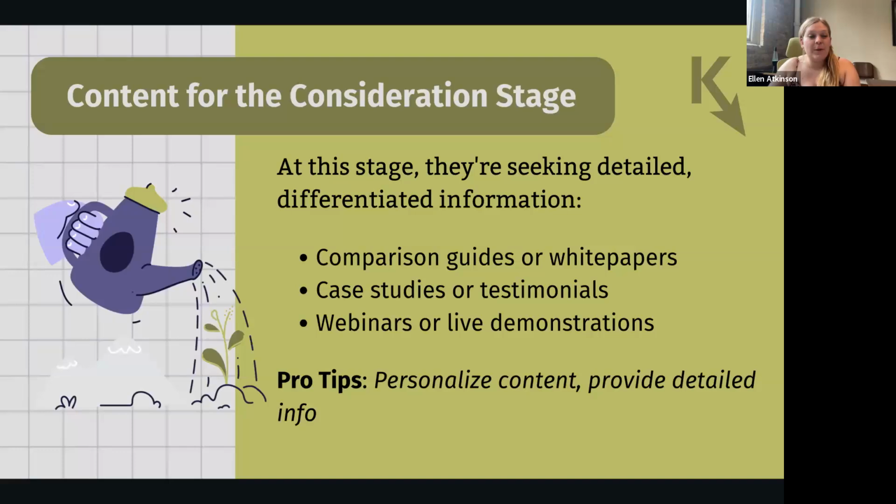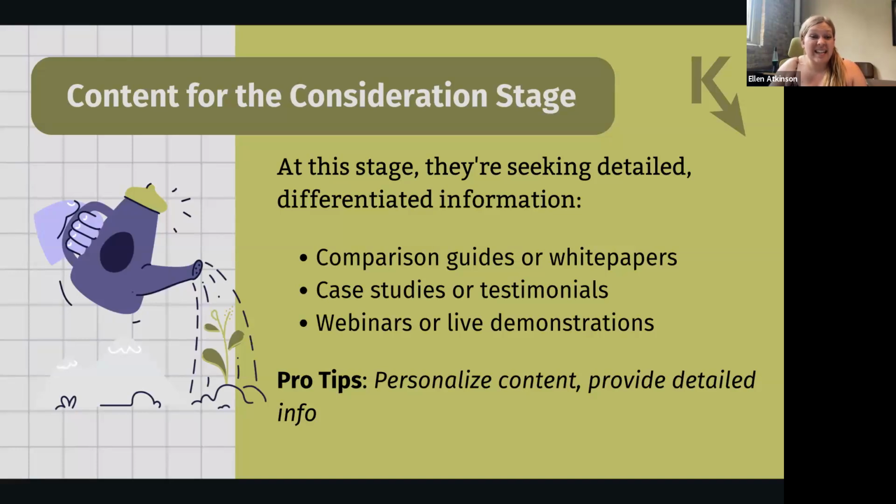All right. So once our potential customers are aware of you, we need to nurture that relationship. In the consideration stage, we're essentially building trust and showcasing your expertise, that you know what you're doing. So for content, this looks like publishing comparison guides or white papers to give your prospect information that allows them to make an informed decision about their choices.